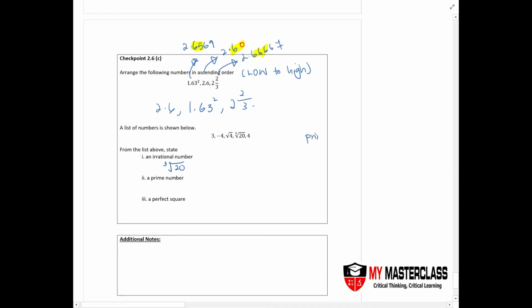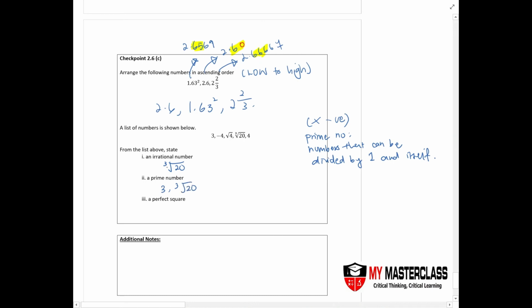Prime numbers are basically numbers that can be divided by 1 and itself. This is important. They are mostly numbers that are greater than 1. So can negative numbers be a prime number? No, no negative numbers. So therefore, let's see, your prime numbers will be 3 and the square root of negative 20, cube root of negative 20.